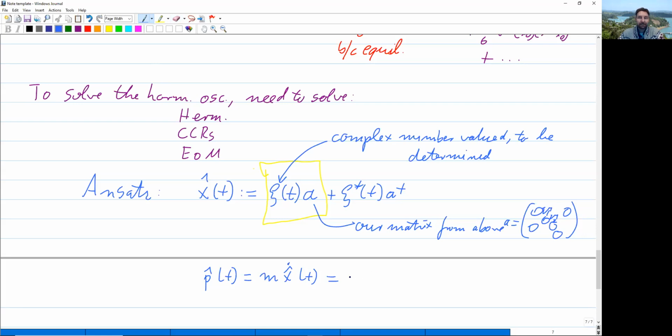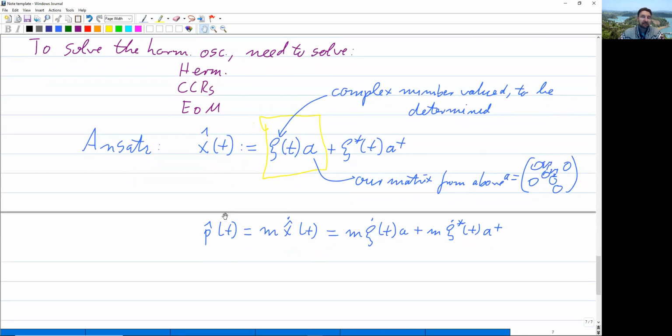So therefore, this is equal to m psi dot of t a plus m psi dot star of t, so that's the time derivative complex conjugated, times a dagger. So this equation of motion is taken care of by making this ansatz here.